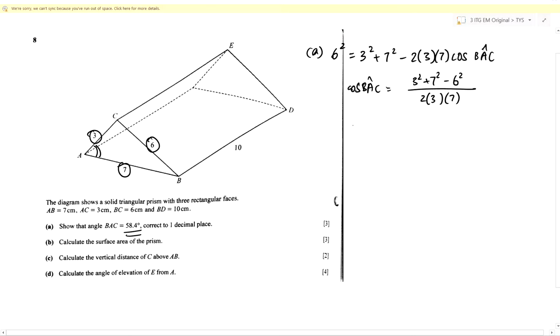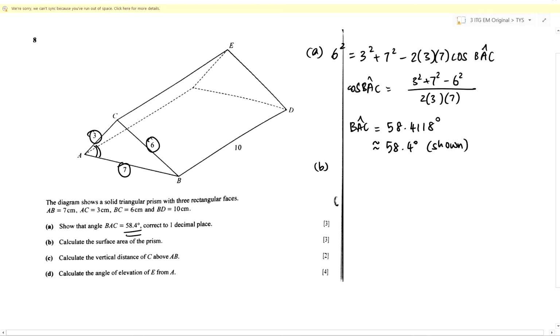Then we take the inverse to find our angle BAC. So round it off to 1 dp, 58.4 degrees. So this is shown.